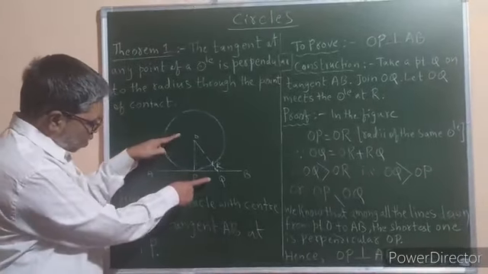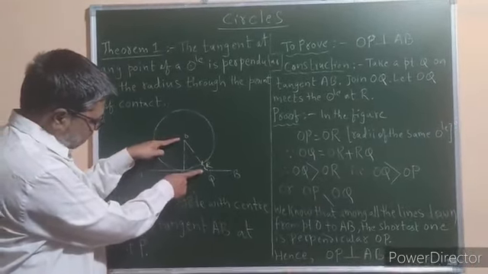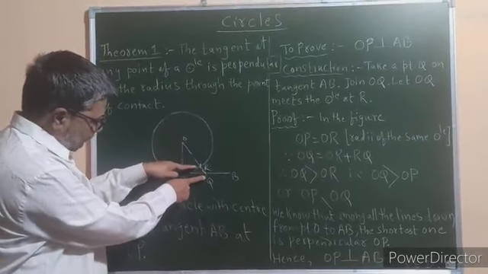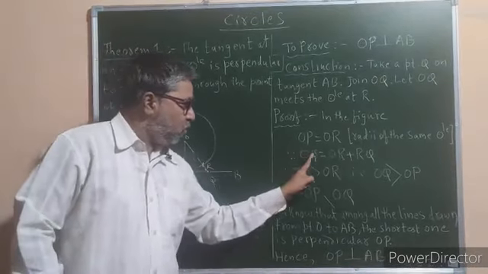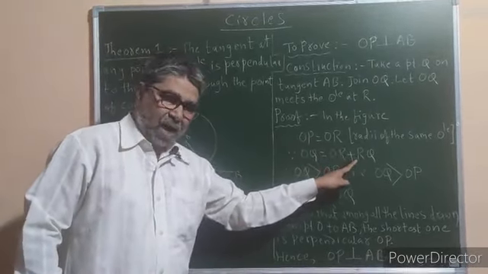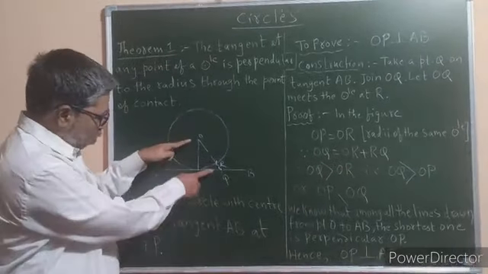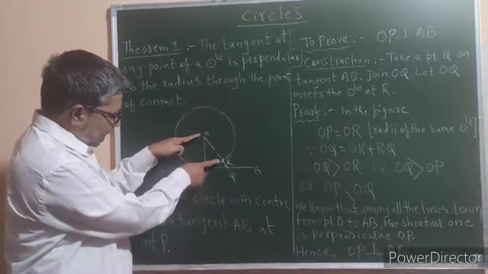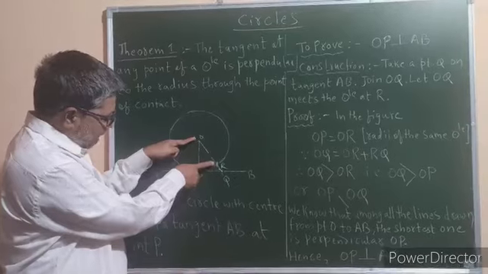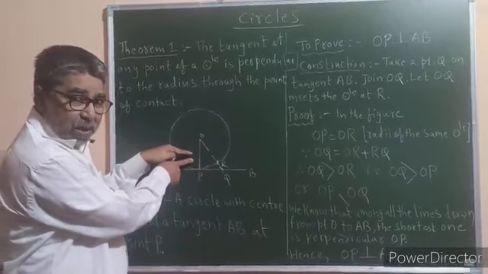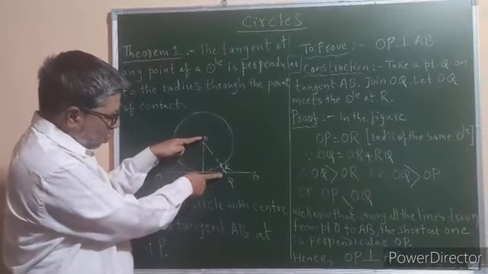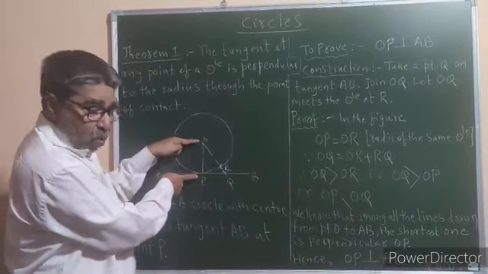Now OQ is nothing but OR plus RQ. Since OQ is equal to OR plus RQ, therefore OQ must be greater than OR, and as OR and OP are equal, OQ is also greater than OP.